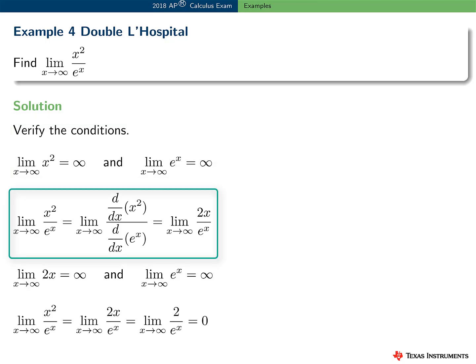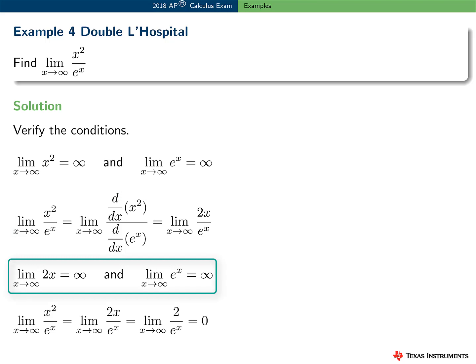So take the derivative of the numerator and the derivative of the denominator. There's no other simplification here. And if we try to evaluate the limit, again, both the numerator and the denominator are increasing without bound, going to plus infinity. So we need to apply L'Hopital's rule again.